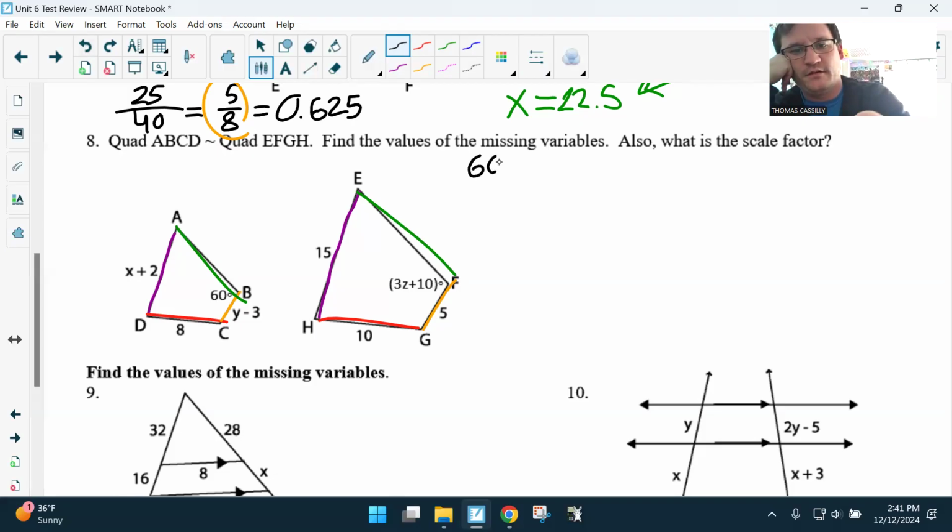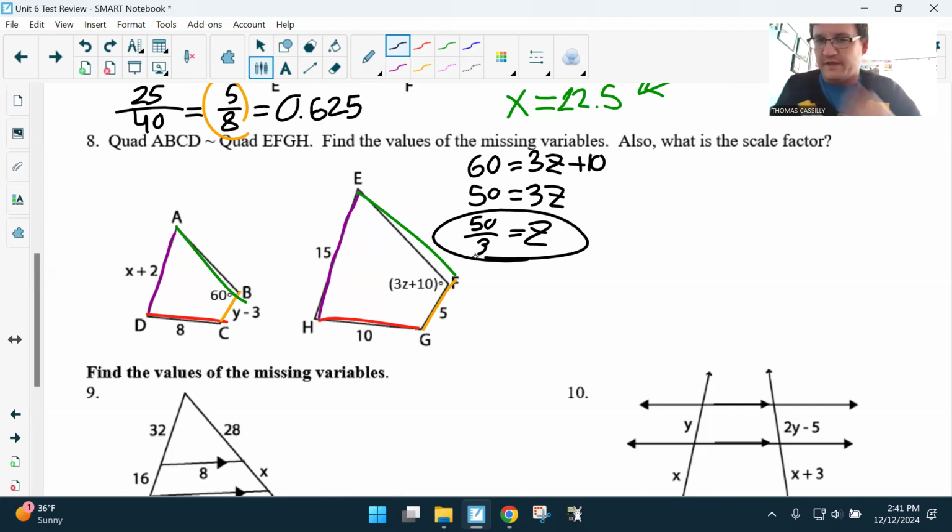So 60 equals 3z plus 10, and then you solve that one. Corresponding angles are congruent. So z equals 50/3. That's going to be an ugly decimal, so let's just leave it like that.